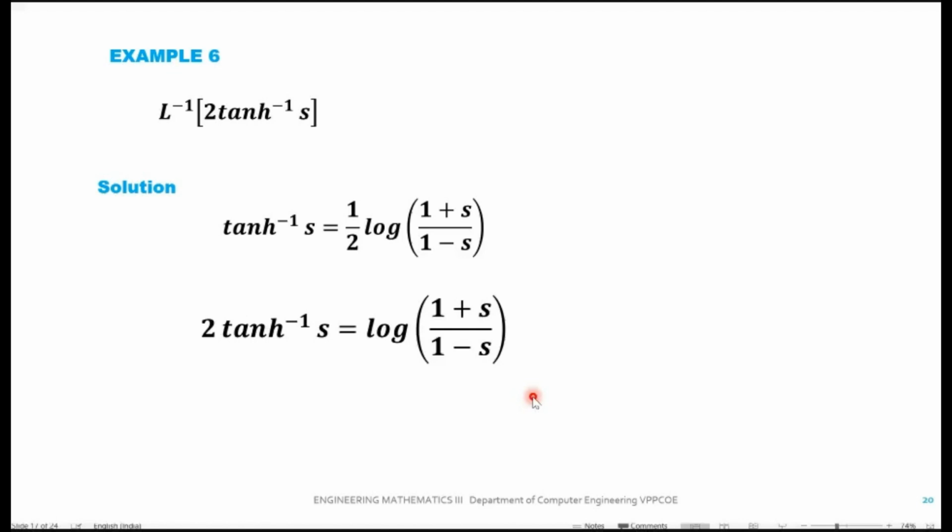Now what is the procedure? एक बार log में आ गया तो next step क्या करते हैं? log में simplify करने के लिए same property have to apply, but we have to use the formula for log of a by b, है ना? तो फिर से log 1 plus s minus log 1 minus s, then again use the same property.